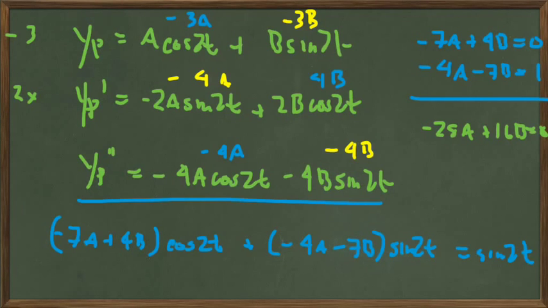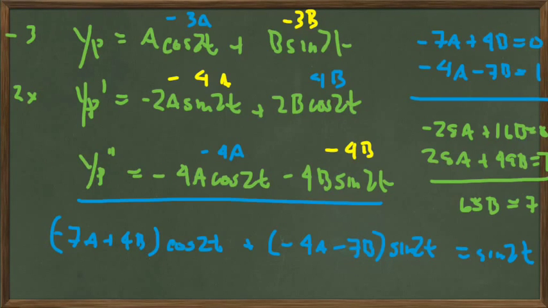And multiplying the bottom by minus 7, we have 28a plus 49b equals minus 7. Combine those together, that's what? 65b equals 7, or b equals 7 over 65.